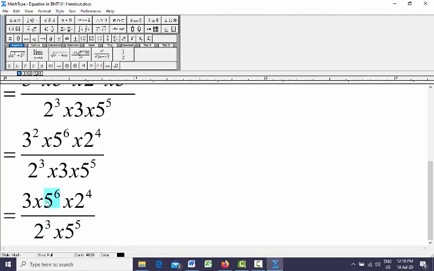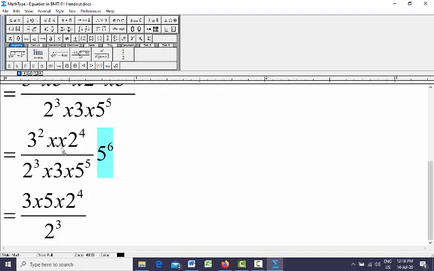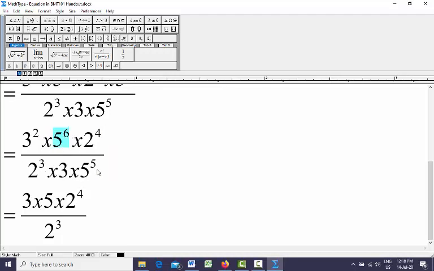Here we have 5 power 6 and here we have 5 power 5. So that means if you apply the process of cancellation, this one will be cancelled out and we will have only 5 here, because here we have 5 multiplied by 5, 5 numbers of 5, and here we have 6 numbers of 5 in multiplication.